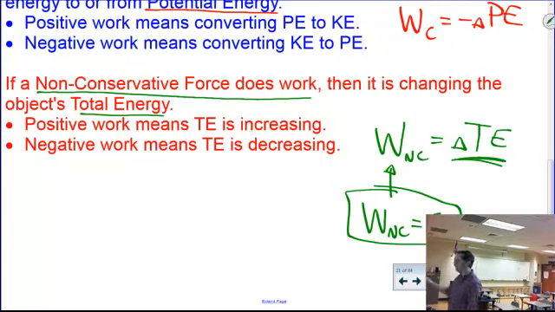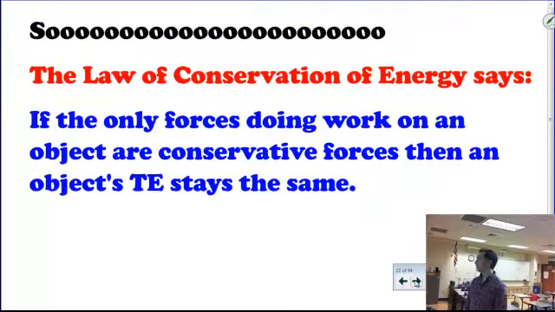It just means there's no change in total energy, which leads us to the law of conservation of energy. All right? And the law of conservation of energy says this. If the only forces doing work on an object are conservative forces, then an object's total energy stays the same.